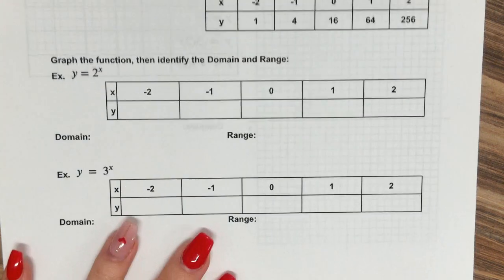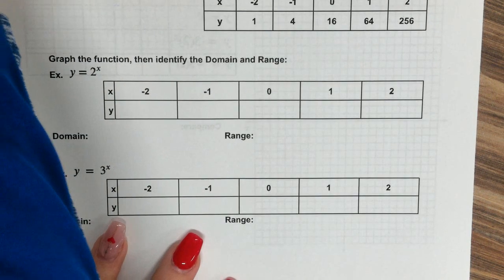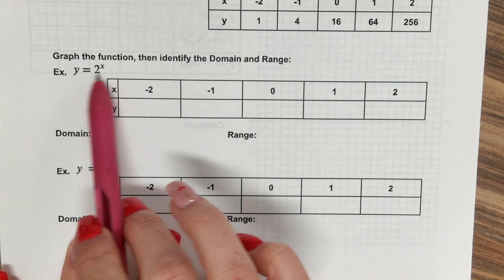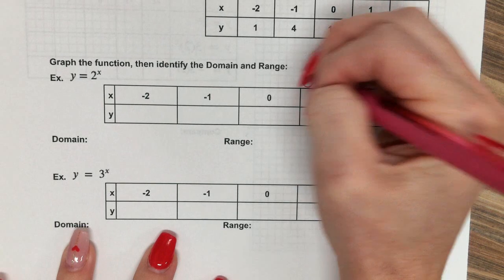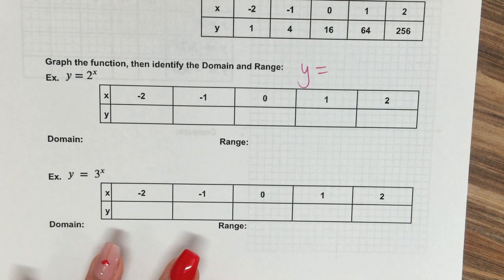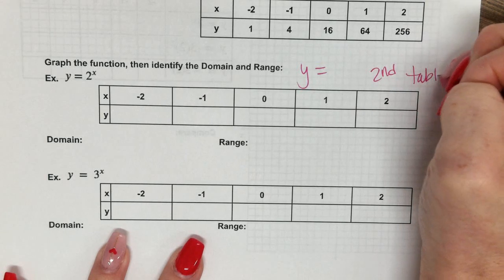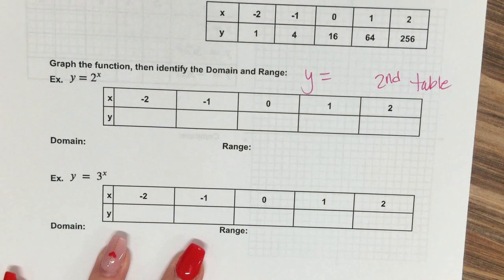Okay? All right, now let's talk about what if they give us the equation. Everybody ready? If they give you the equation, you're going to use your y equals button, and then you're going to go to second table to fill in the table.